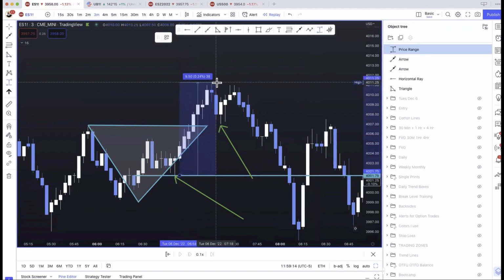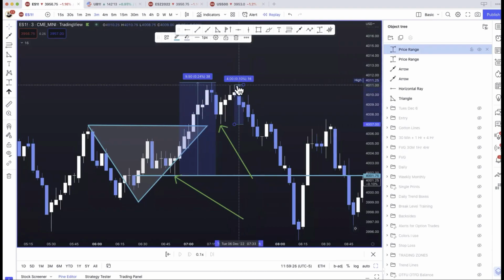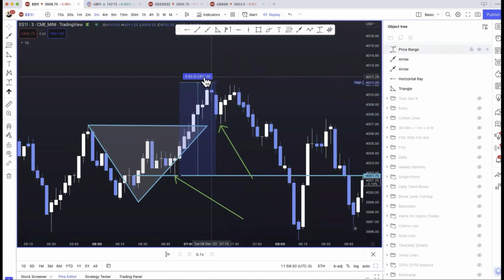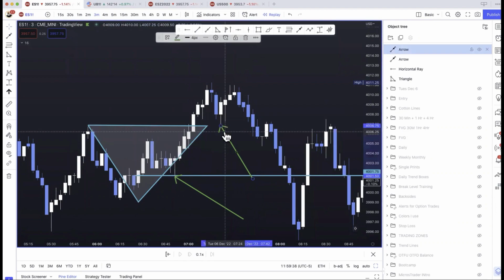And I benefited from a 10-point run. And here, instead of one contract, I might have went long with 30. And I made 30 times 4. I made 3x because I was able to leverage up because of a better trade location. I was able to add to my trade with backside development.